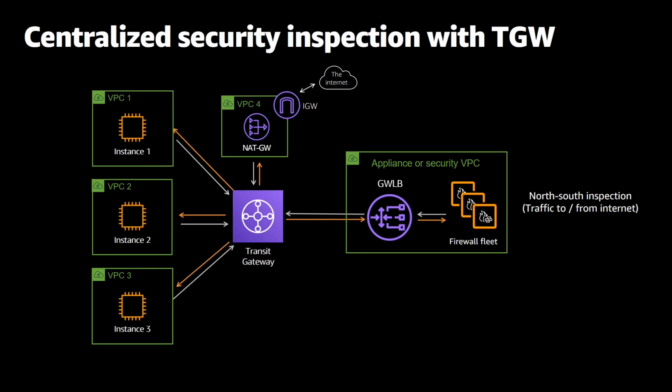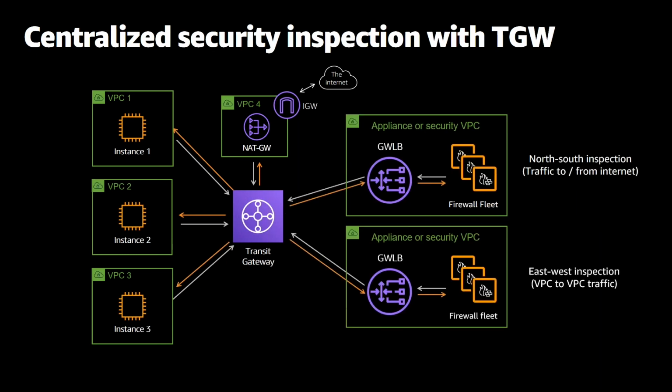Traffic to or from the internet. So I could have another fleet of appliances for east-west traffic inspection behind another gateway load balancer. Okay, so this is another architecture that you could have. Considerations: you could perform north-south and east-west inspection using the same fleet. NAT could reside inside or outside of the appliance fleet VPC.